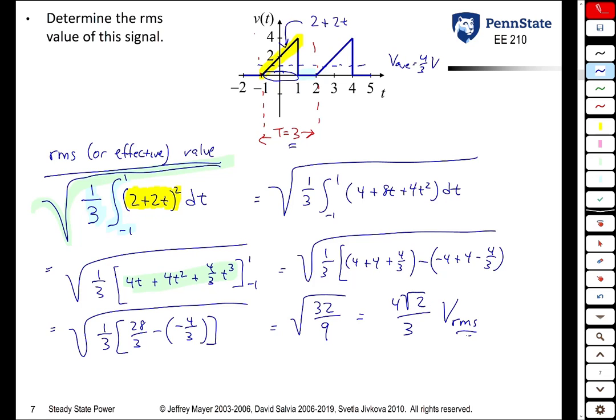And we use the symbol RMS to indicate that this is an RMS or effective voltage. One thing to note here is that the RMS voltage does not equal the average voltage. Turns out that this number is meaningless from a power perspective.